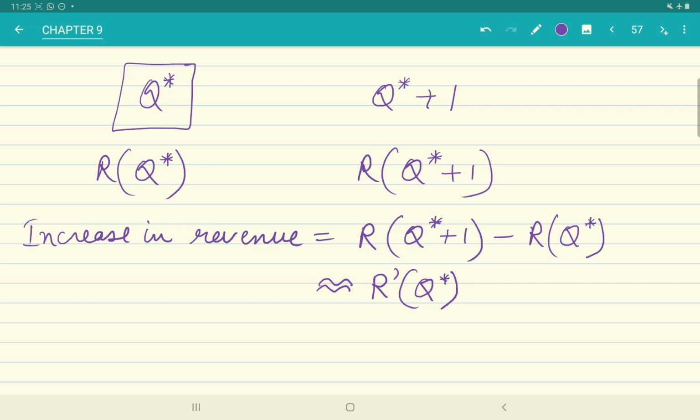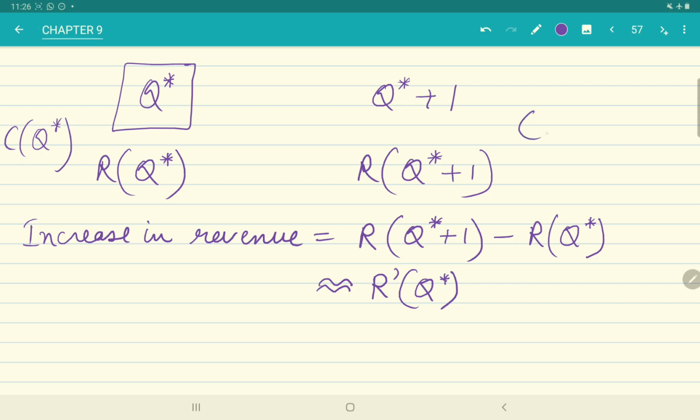But also, if we increase our production, we are going to incur some cost. Our costs will also increase as we increase the production level. Associated with q*, we have C(q*).